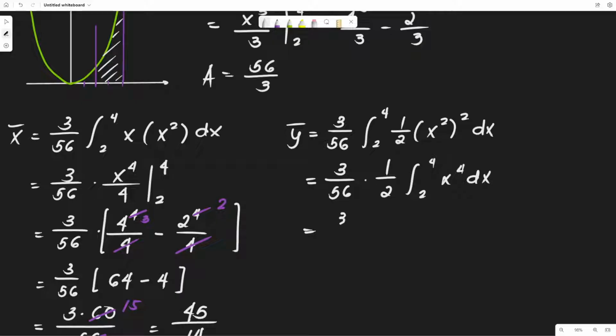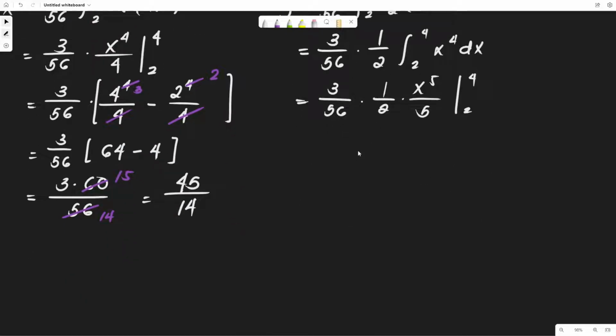So therefore, we have 3 over 56 times 1 half times x to the 5th over 5, evaluated from 2 to 4. Diba? So we have 3 over 56 times 2 is 112 times 4 to the 5th over 5 minus 2 to the 5th over 5.